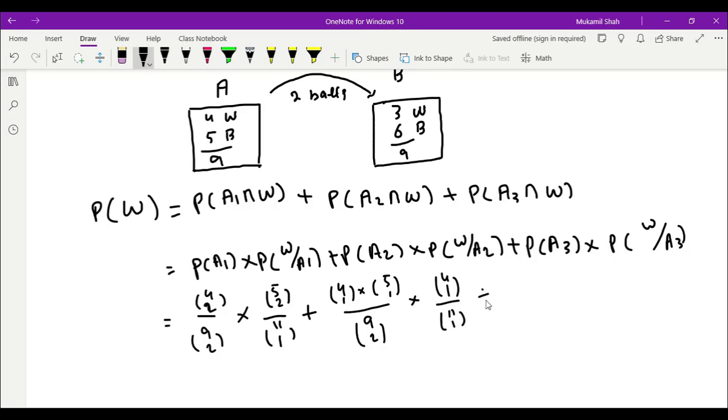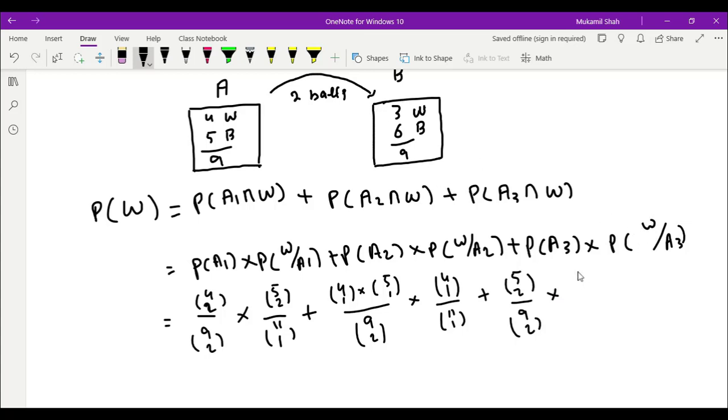The third possibility is A3. A3 means 2 black balls have been shifted, so the number of white balls remains constant. When you are shifting 2 black balls from A to B, this is situation A3. The probability of situation A3 is that you have to choose both balls from 5 because the total number of black balls is 5, divided by 9 choose 2, and the number of white balls in B is as it is.